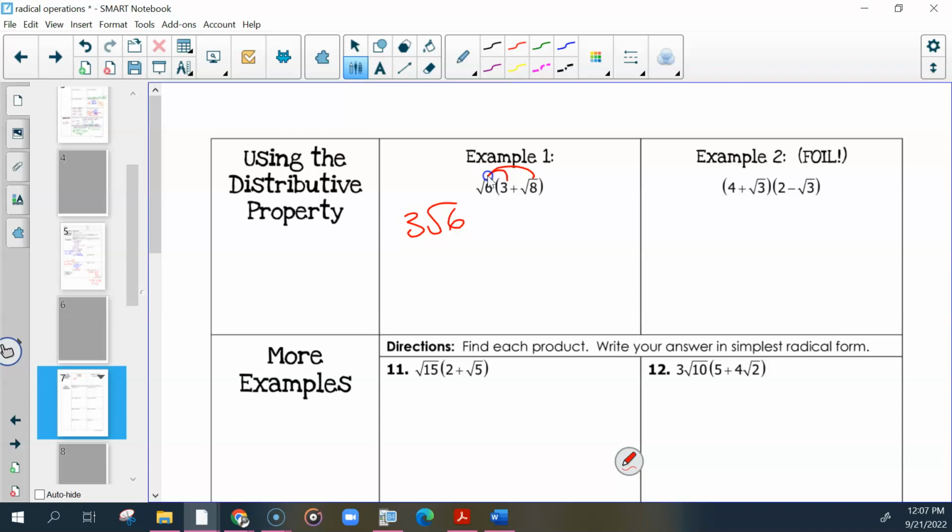And then here we're actually multiplying the square roots underneath one radical. So then multiply that to get what? And then simplify.